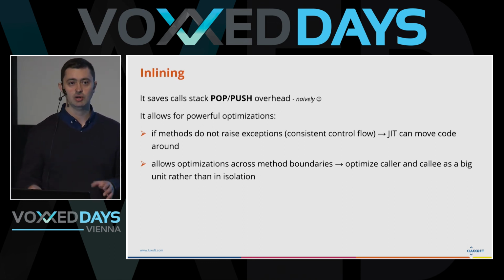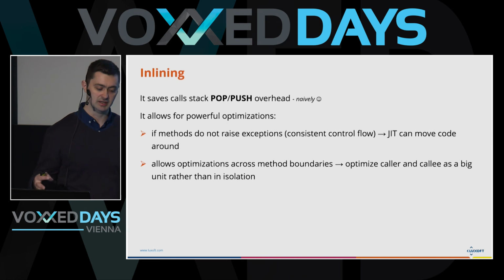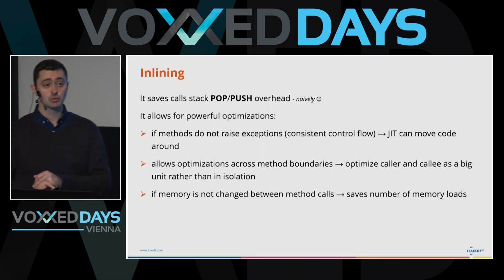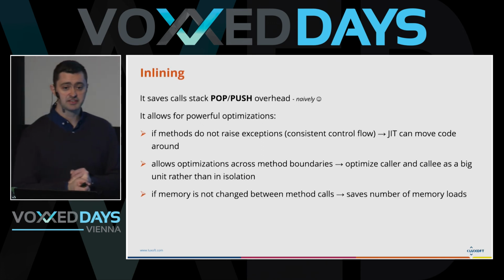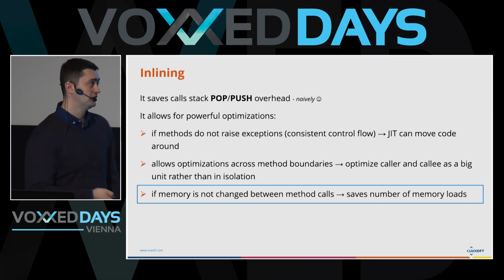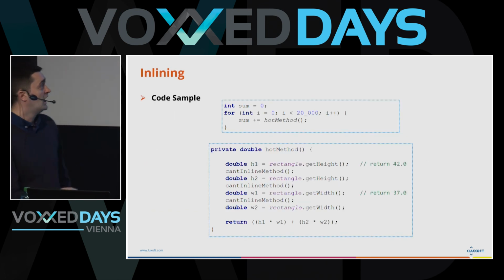If the caller and the callee can be inlined together inside a big piece of code, it does optimizations. And as well, if we can inline something, in some cases it saves the number of memory loads. And immediately we'll see what this kind of technique means.